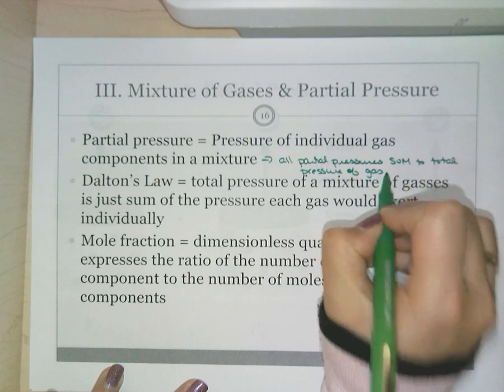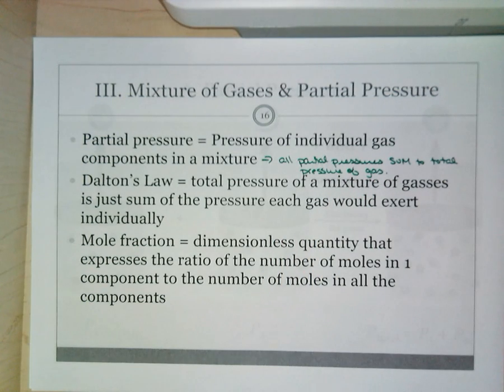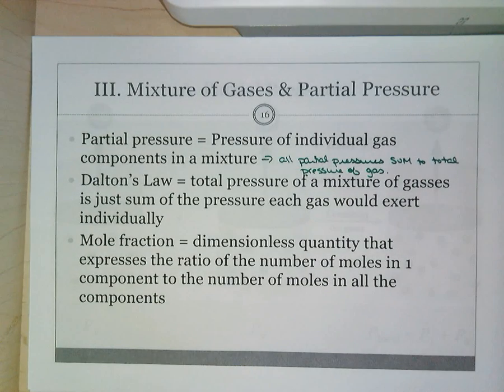So all the partial pressures in a mixture sum together to make up the total pressure of the gas. Dalton's law is what we use to define the total pressure of a mixture. Pretty much it's the sum of all the pressures. Sum of all the partial pressures is Dalton's law. So those can be used interchangeably.